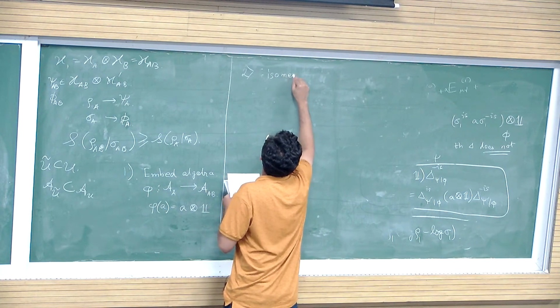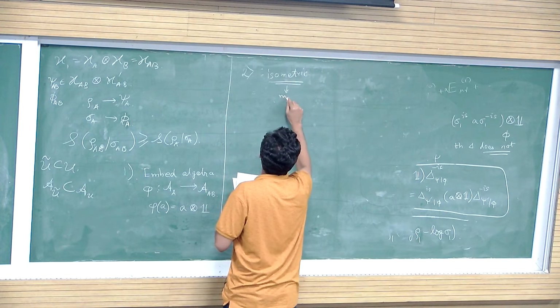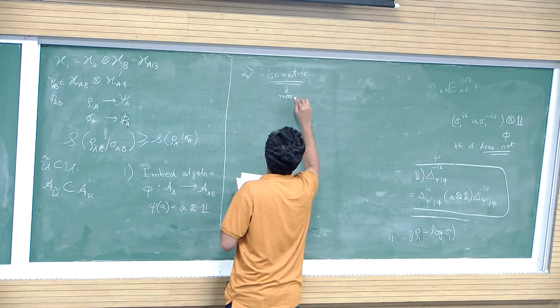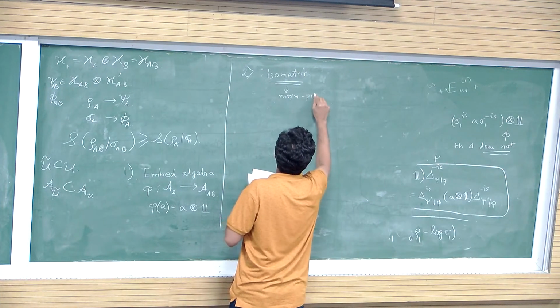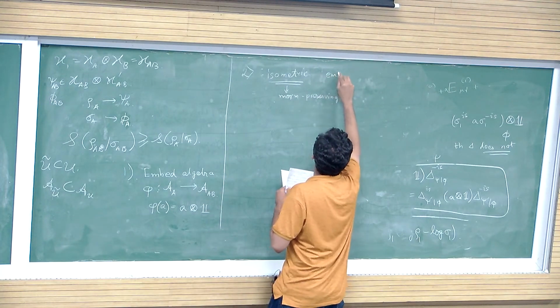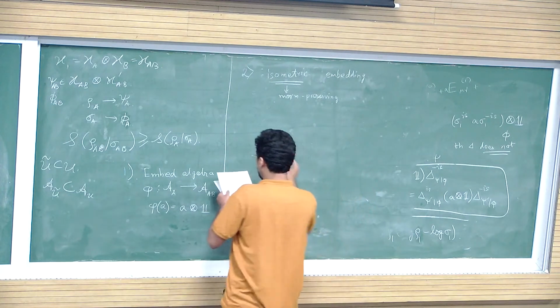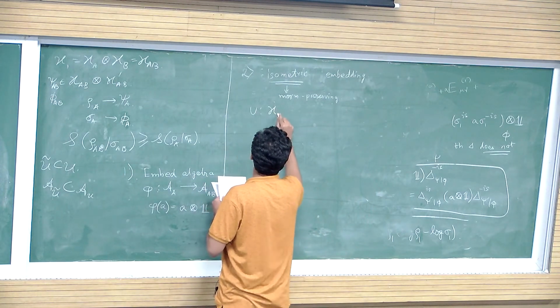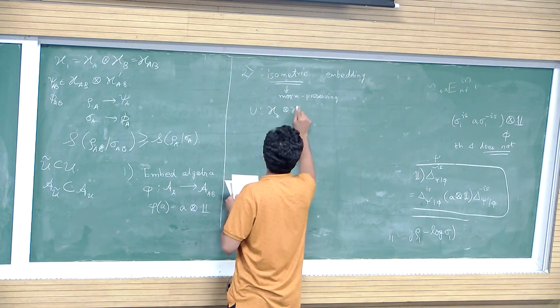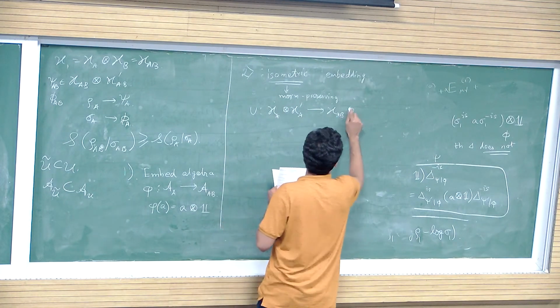Why isometric? Isometric simply means norm preserving. I'm calling this operator U, and what this operator U does is, we have already purified the system. So this is the map that I'm talking about.